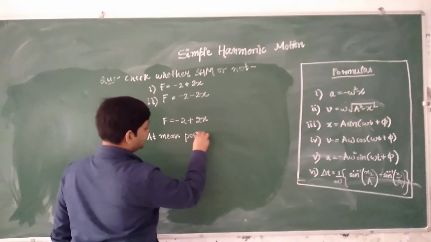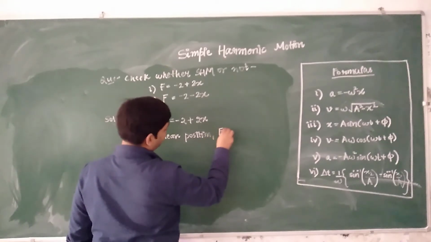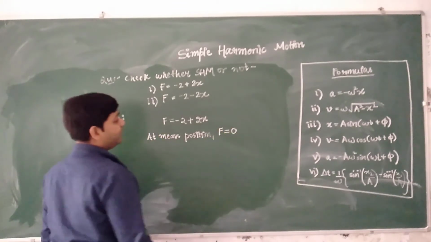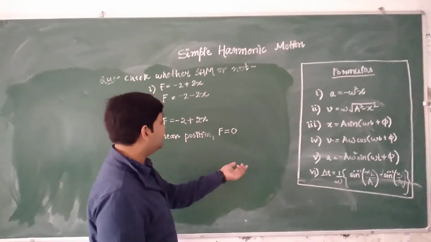When the particle is at its mean position, the net force on the particle is 0, so the value of this force should be 0. In other words, the acceleration of the particle is 0.